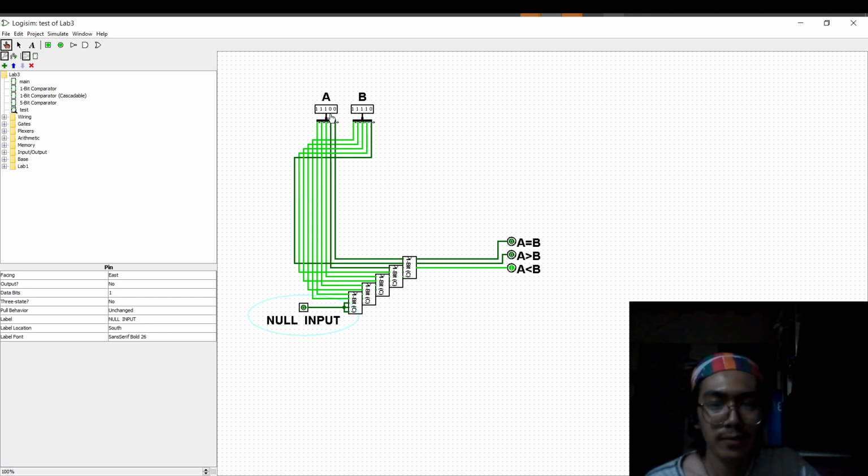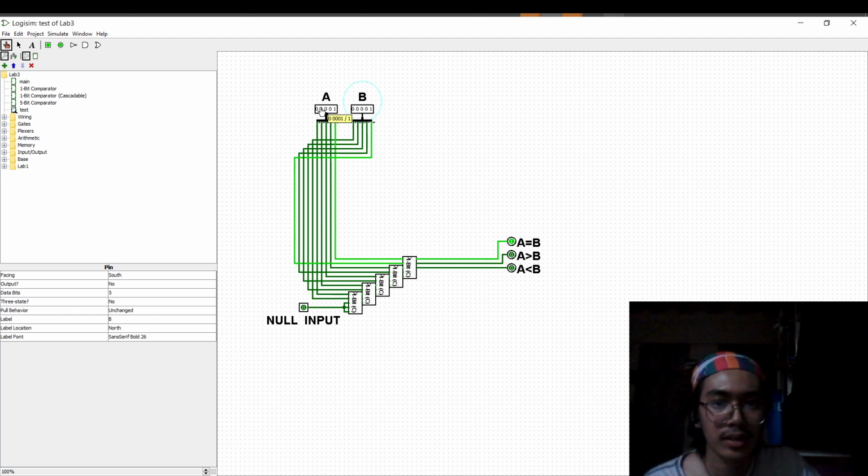And then if we actually change this one, let's start from the easiest, smallest. If A is 0, 0, 0, 0, 1 and B is 0, 0, 0, 0, 0, the output is A is greater than B. And if we copy the input of A to B, we can see that A is equal to B, because the inputs are actually the same.